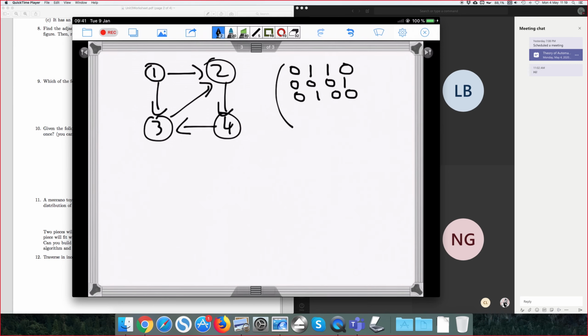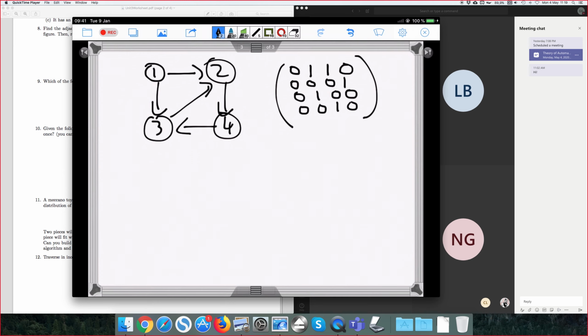And from 4 we can go to 3. Okay, so this is the adjacency matrix for the directed graph. Notice that we have 5 ones in the matrix, and that is exactly the number of edges in the graph. So that is a sanity check for us to see that we have done the things correctly.